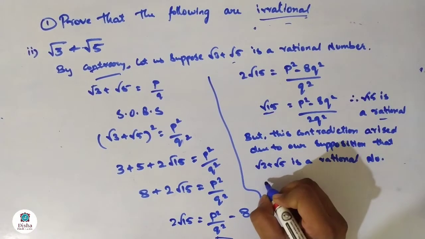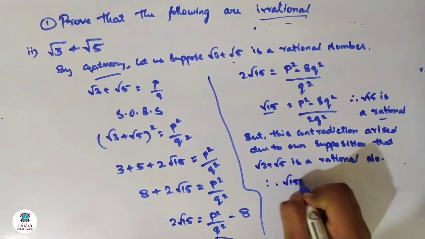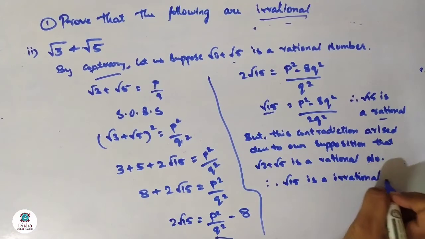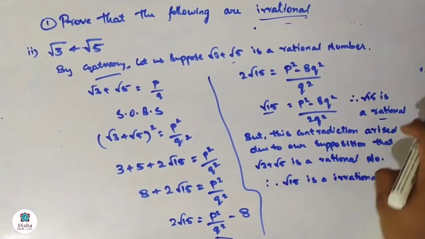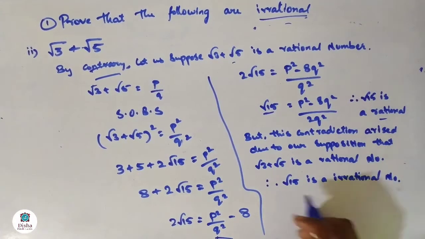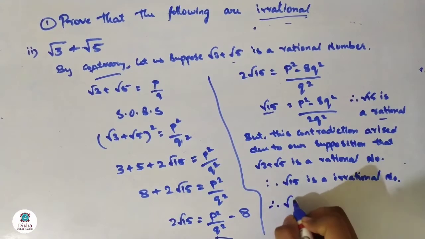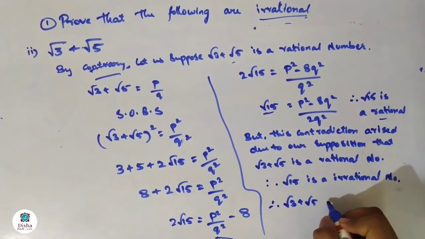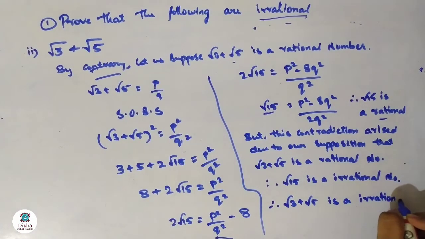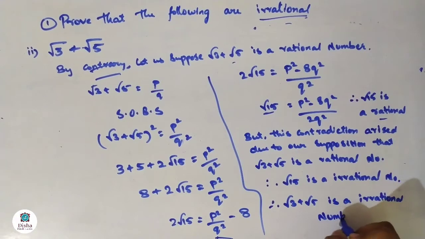So the result will be, therefore root 15 is an irrational number. Therefore root 3 plus root 5 will also become an irrational number. So we have proved that root 3 plus root 5 is an irrational number. Hence proved.